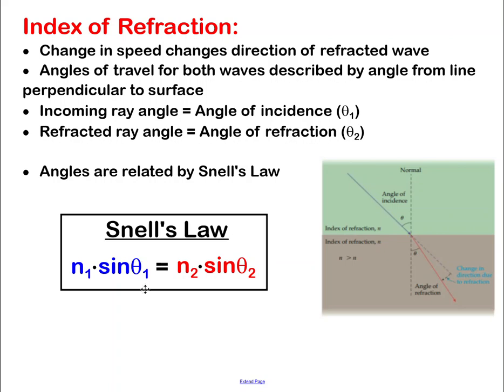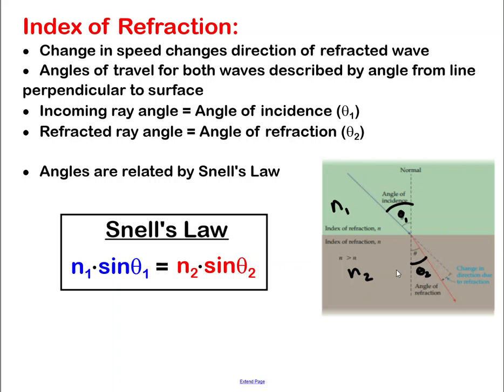And so we can summarize this. We would say the index of refraction of the original material, so n1, times the sine of the angle of incidence, right here, the incoming angle, is equal to the index of refraction of material 2 times the sine of this refracted angle, or theta 2.